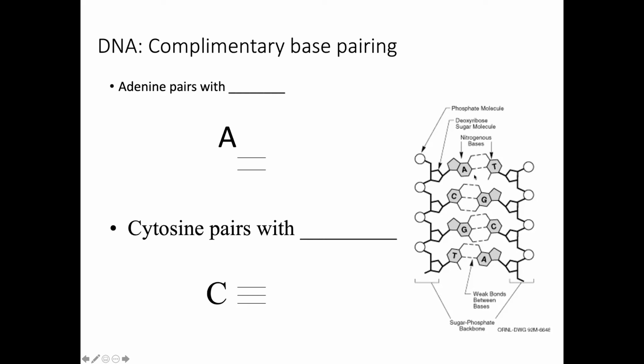The base pairs are shown between the two strands of DNA. A and T can form two hydrogen bonds, and C and G can form three hydrogen bonds. So usually when C and G pair with each other, the binding energy is the lowest because they form three hydrogen bonds.